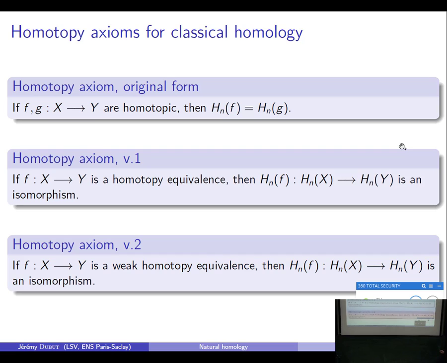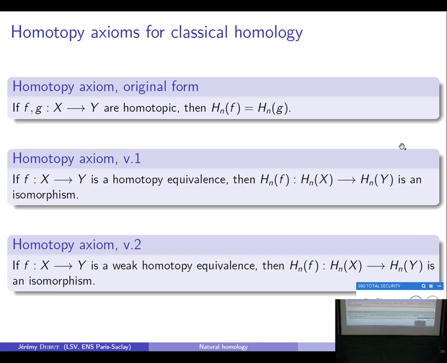This has the following easy consequence that I call the first version of the homotopy axiom, that an homotopy equivalence induces an isomorphism on homology. This statement can be made more precise because actually a weak homotopy equivalence, that is a continuous function that induces isomorphism on homotopy groups, also induces isomorphism on homology.